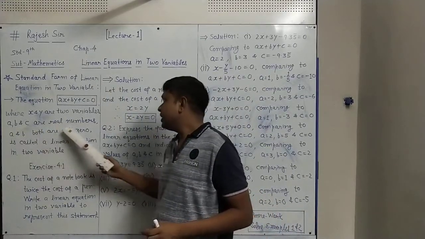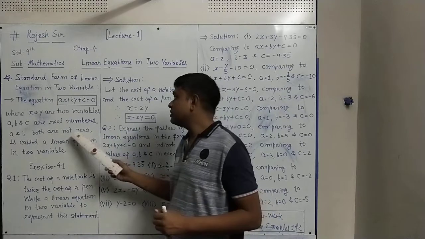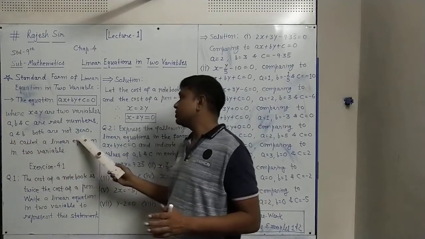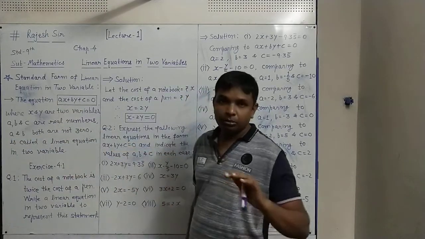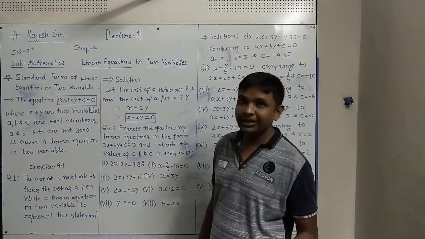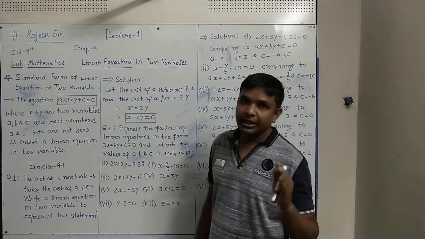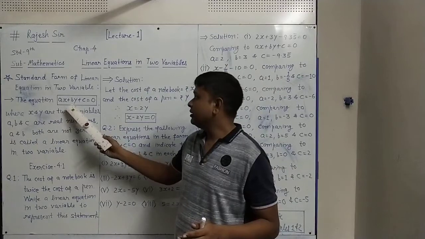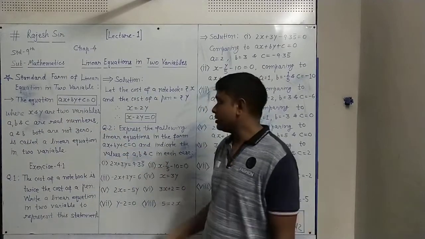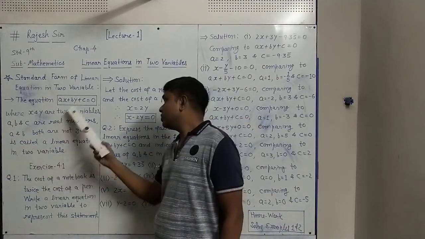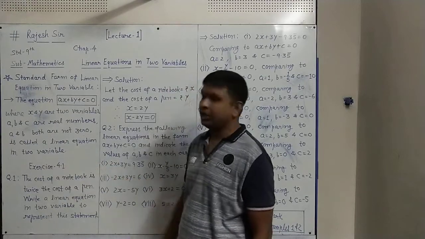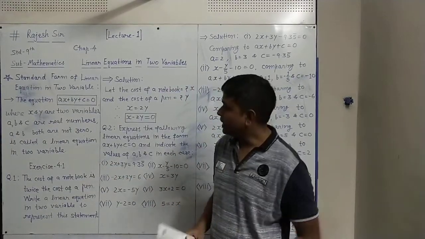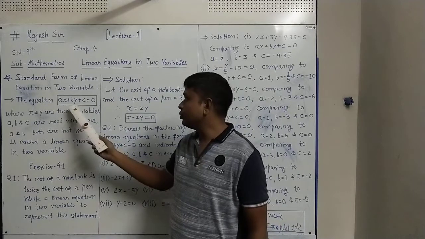And a, b, c are real numbers, where a and b both are not 0. We cannot take a and b both 0 at a time. At least one of a or b must be non-zero. This is the condition. Once again, why is this equation called a linear equation in two variables?